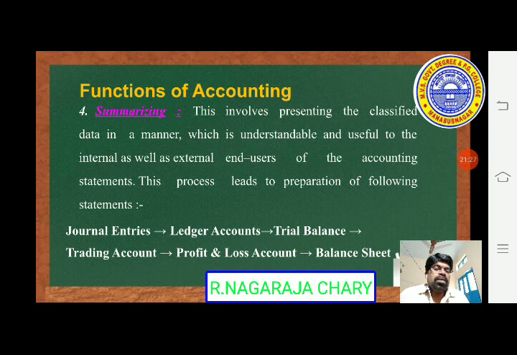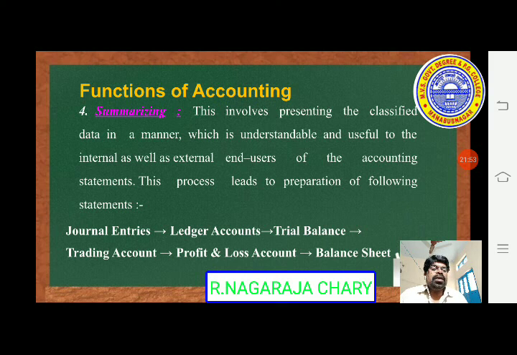So just why we have to prepare a trial balance, that's why we discuss this. After completion of the trial balance, after balancing, the two balances, giving aspects and receiving aspects, are to be equal. When it is equal, that is known as arithmetic accuracy.